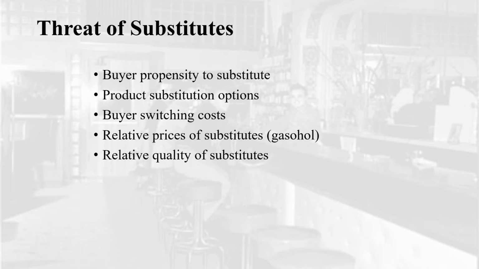Okay, now the idea behind the threats of substitutes is that a person doesn't necessarily have to buy a product from your industry if there are substitutes for them. The example that I like to use is the example of gasohol.